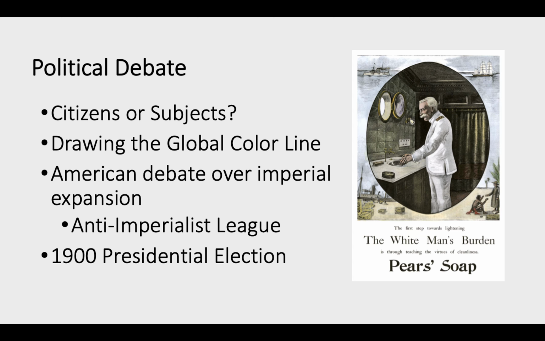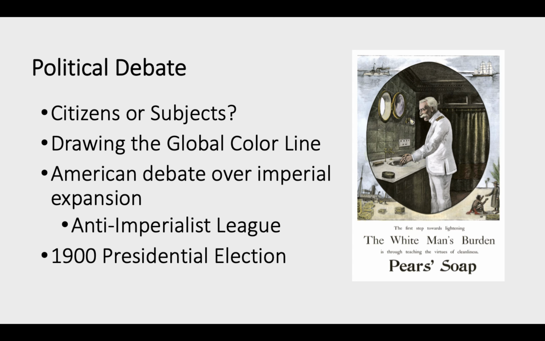So what American expansion brought about was a debate amongst Americans. What would happen to the people of these territories, for instance, in Puerto Rico and Guam and the Philippines?